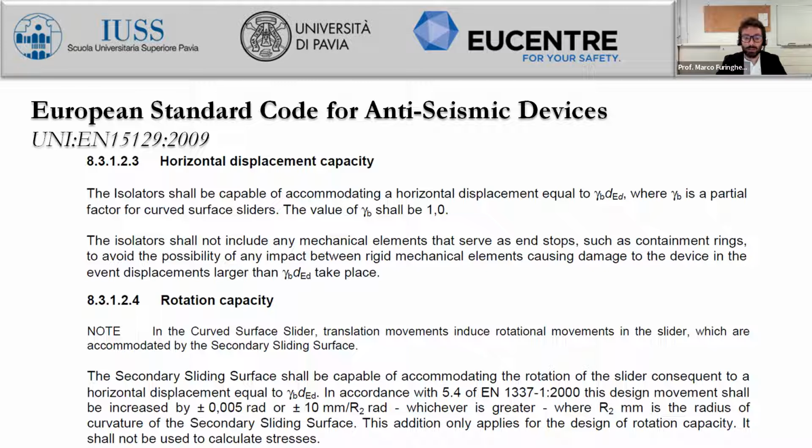There are a number of researchers and professors who are investigating the effects of the containment rings, the restraining rings, with respect to the response of the buildings rather than of the isolation device itself. And one of them is Professor Michael Costantino of the University at Buffalo.